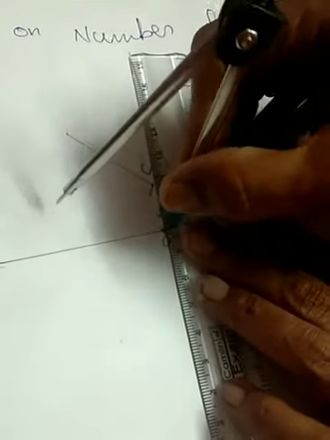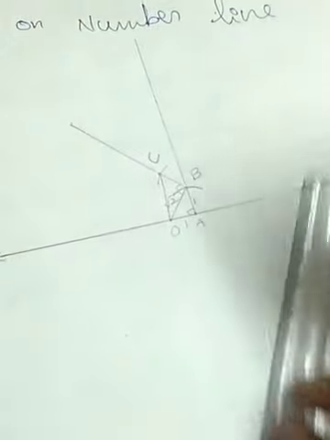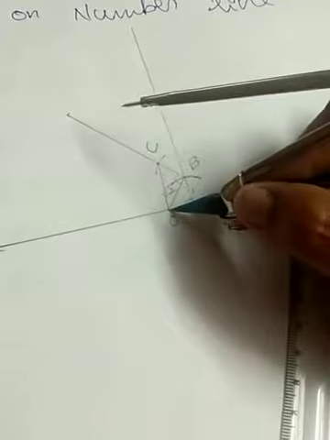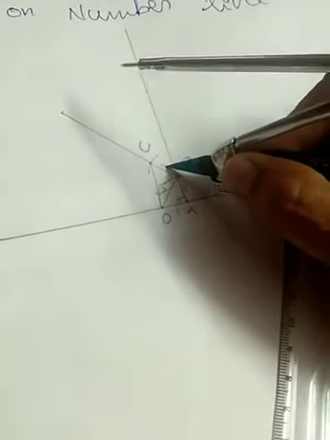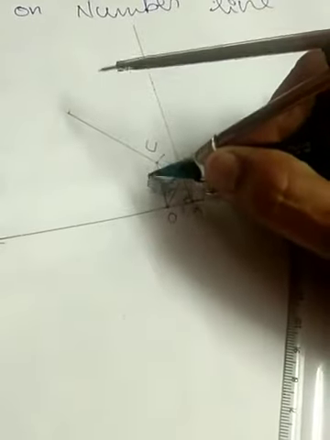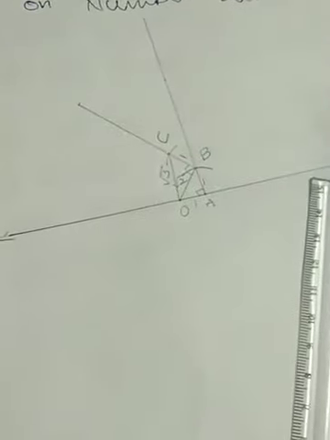Okay, and OBC is a right angle triangle. So OB is root 2 units and BC is 1 unit. So OC is equal to root 3.